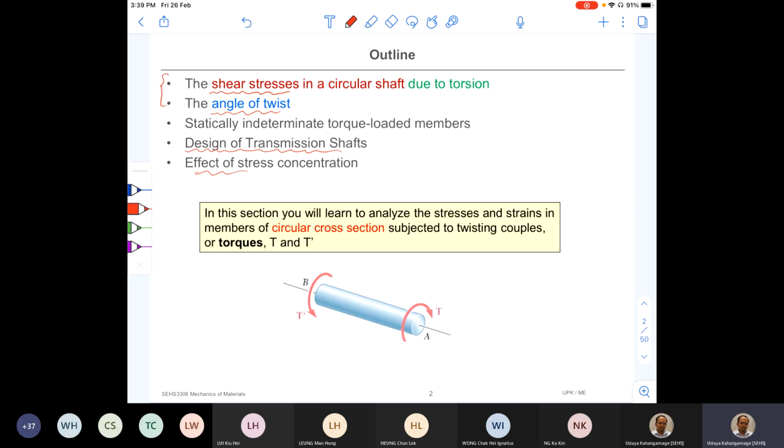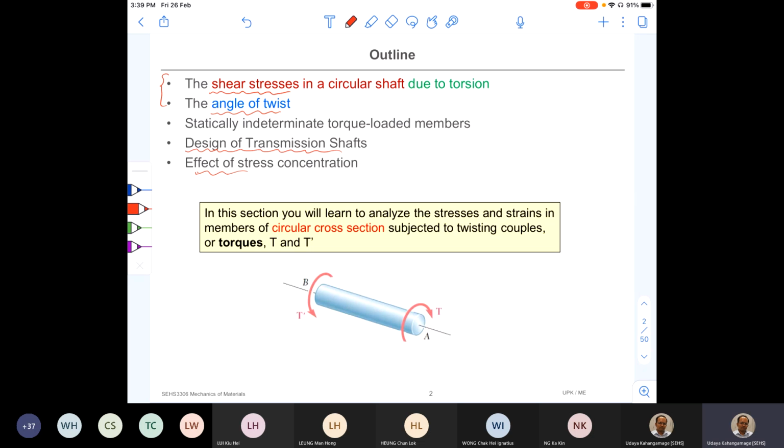I will introduce shear strain and the stress resulting from torsion, and then angle of twist. We will do several examples so that we learn how to apply the concepts and quantify those important parameters when it comes to design.